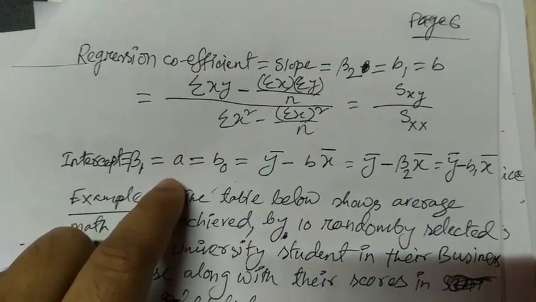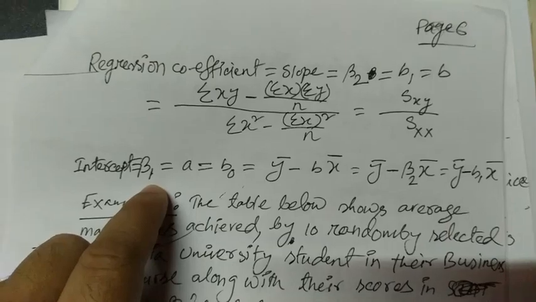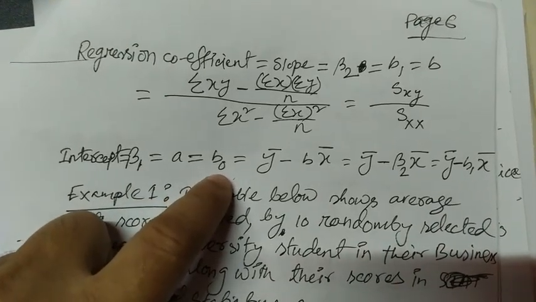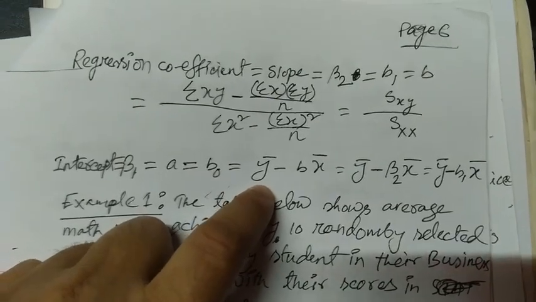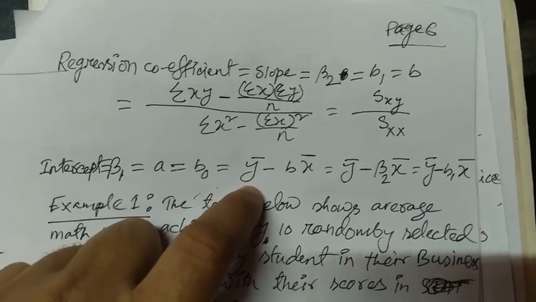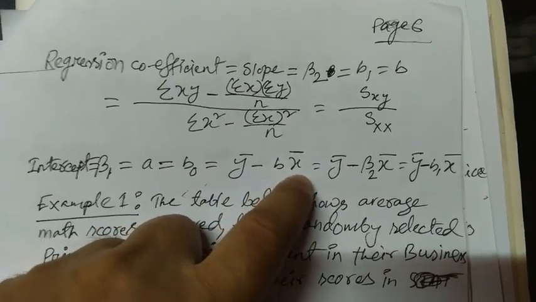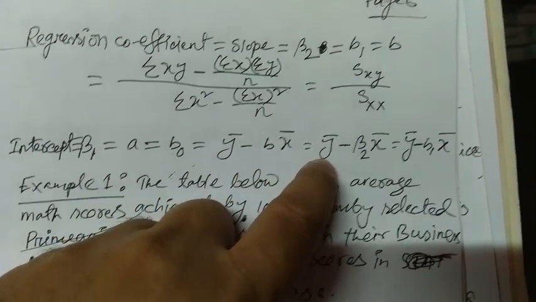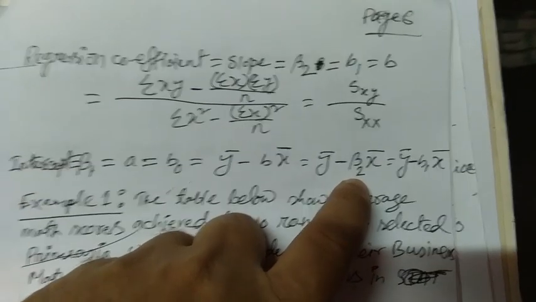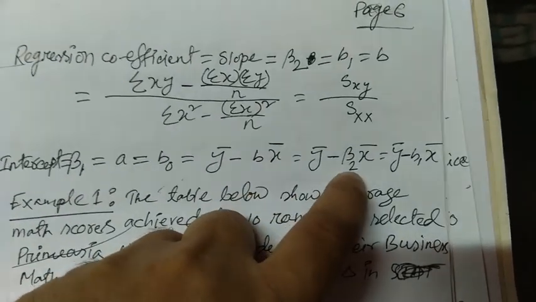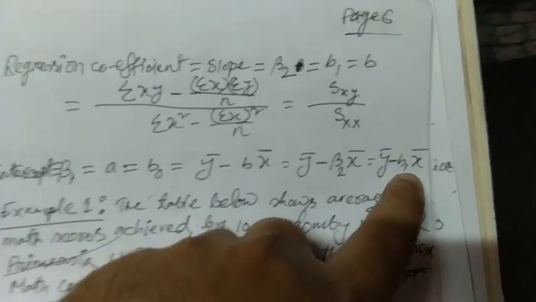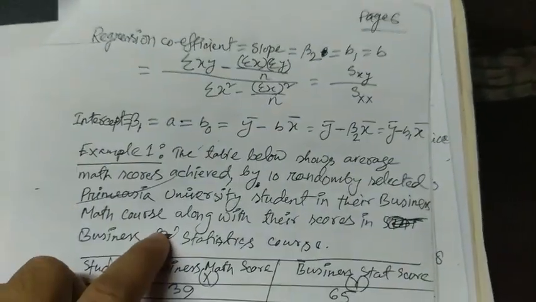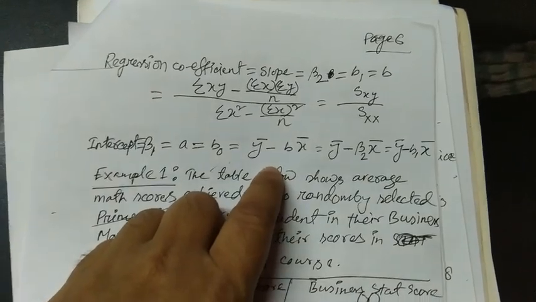And the formula for the intercept, some people write it like beta 1, some like a, some like b0. We get it by y bar minus b x bar, where b is the slope or regression coefficient. Instead of b, some write beta 2 or b1. Whatever way you write, this is the formula for the intercept.